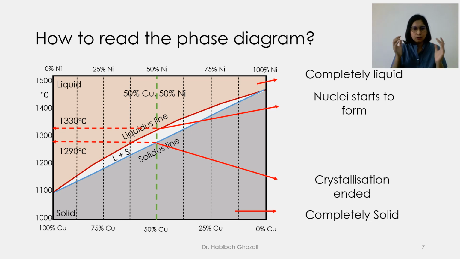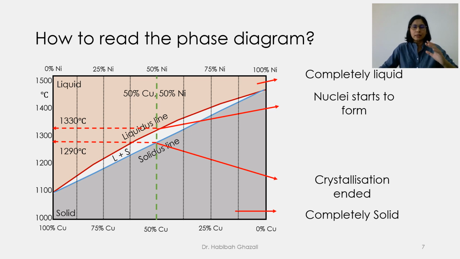So when you have an already solidified alloy, you want to remelt it. Using the phase diagram, you will know that when it reaches 1290 degrees Celsius, my solidified metal will start to melt. And the melting process will end at 1330 degrees Celsius.